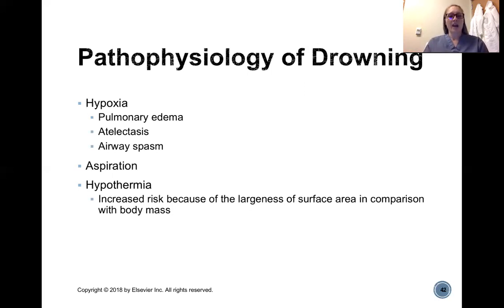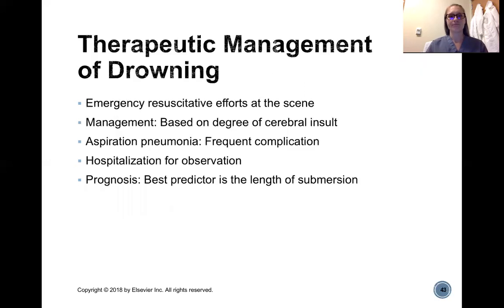We will get pulmonary edema, atelectasis, and airway spasm with these near drownings, and the child is probably going to be in both respiratory and metabolic acidosis. So we want to provide oxygen as quickly as possible.